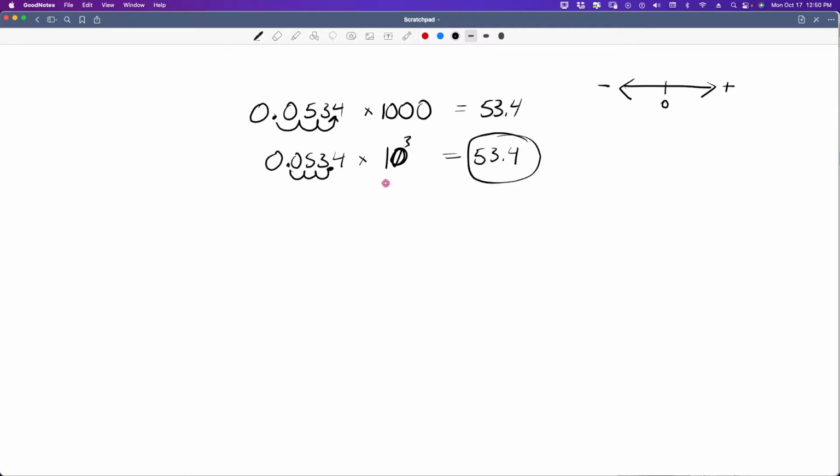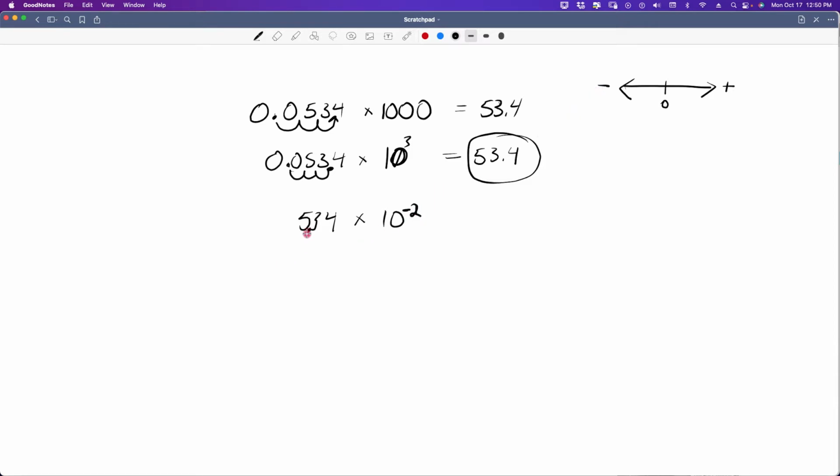So it's very visual. Scientific notation is a very visual math. It doesn't require a whole lot of thought in what that number actually is. And likewise, if I had 5.34 times 10 to the negative 1, let's say to the negative 2, the negative means I would move that decimal place to the negative side of the number line 2 places.